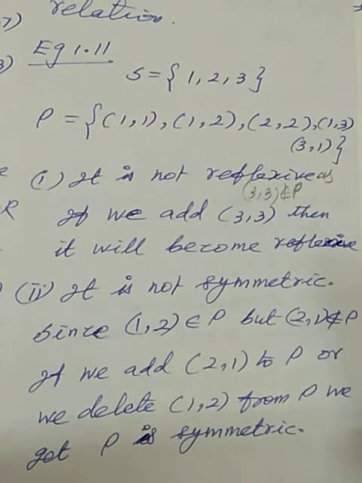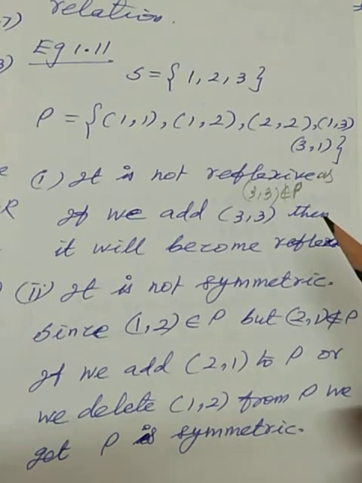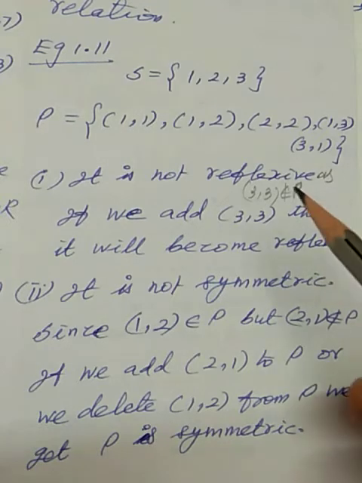Is rho symmetric? If not, state the reason. Write the minimum number of ordered pairs to be included to rho so as to make it symmetric, and write the minimum number of ordered pairs to be deleted from rho so as to make it symmetric. So they ask whether rho is symmetric or not.